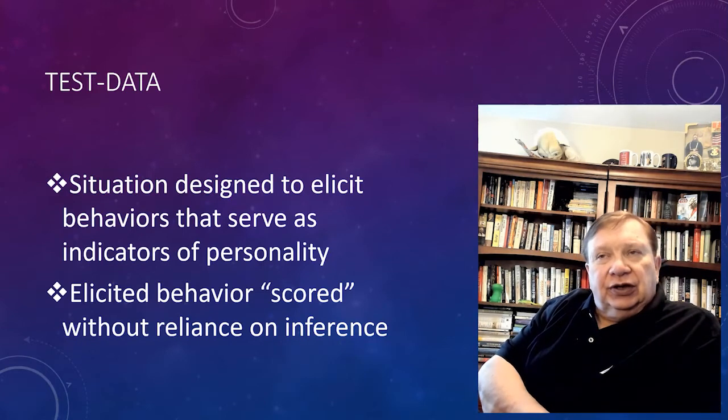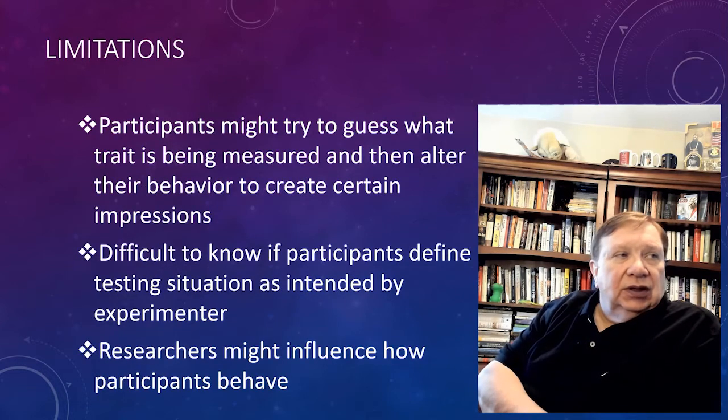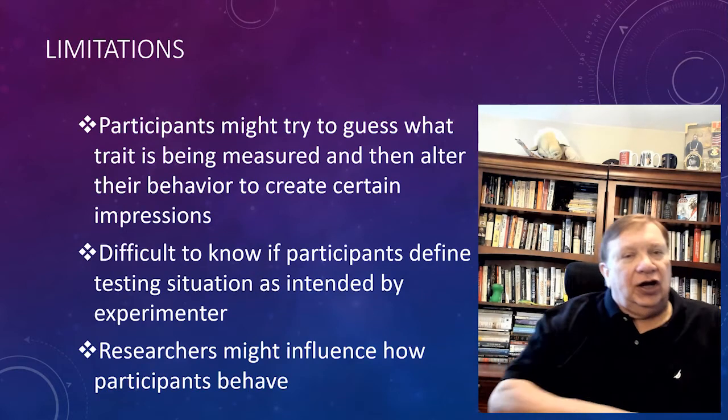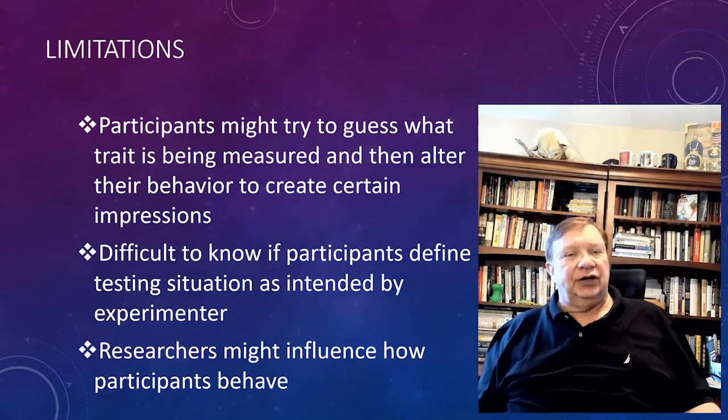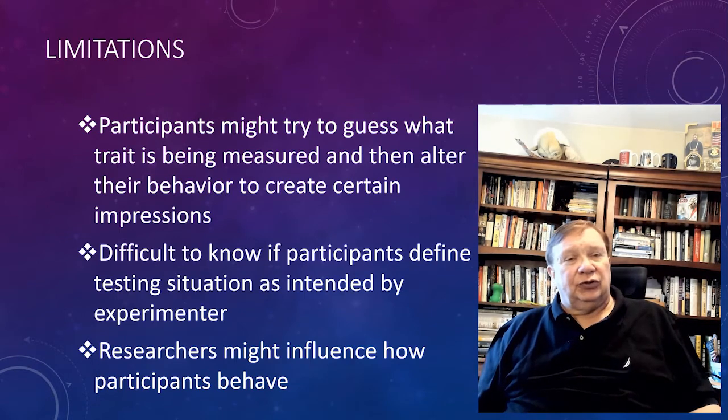Introverts, you would imagine, like more subdued light and quieter music. Extroverts like louder music, brighter lights. Same situation, individuals behave differently. The limitation on using test data in that context is that sometimes people try to guess what you're doing.